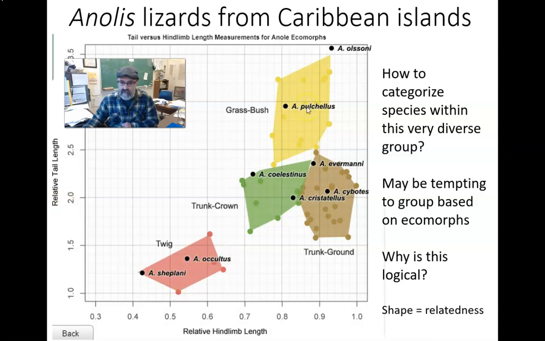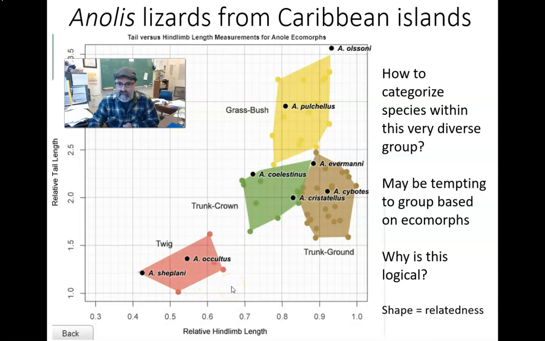This group has relatively long tails and relatively long hind limbs. These guys are usually found on twigs, and these guys are usually found on the ground in grasses and bushes. So it may be tempting to put these guys into a group taxonomically, and these guys in a group, and these guys in a group, right? That this is how we should group them.